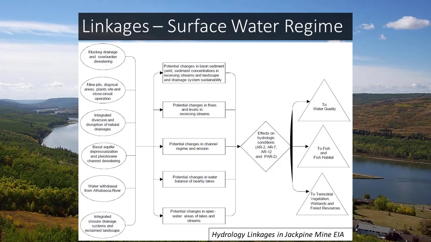If you're changing the flow of water, you're also changing the fish habitat. Whether or not you're changing the fish, that will be answered in the EIA, but you're absolutely changing their habitat. It'll change the water quality, and again, terrestrial vegetation, and we need to know how it's going to affect all these other components.